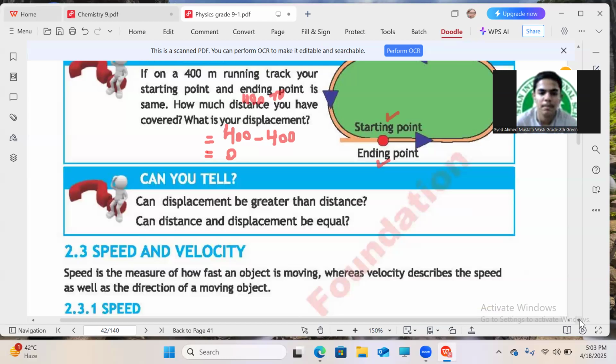We have a line, this is A, this is B. This is our length we have to travel, which is equal to 5 centimeters. There is no way we can make this less than 5 centimeters because it's just a line.